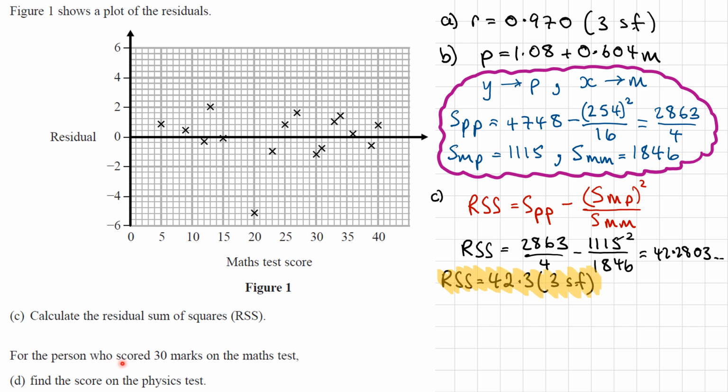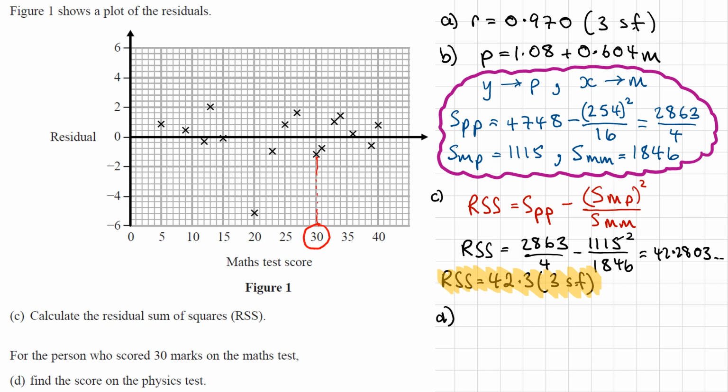Right, for the person who scored 30 marks on the maths test, Part D, we want to find the score on the physics test. Now we have a residual here, so we're going to be using that residual from this plot of residuals to work out the person's exact score. For the person who scored 30, that's going to be this person here, we'll read off.